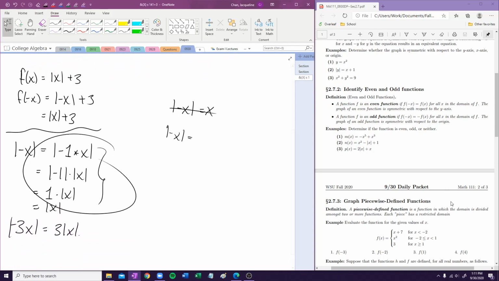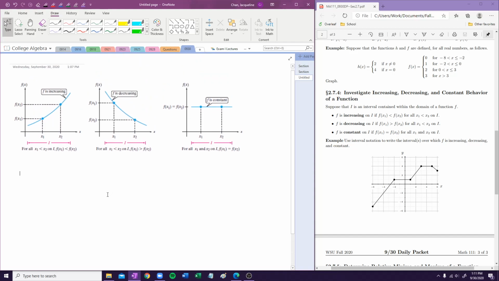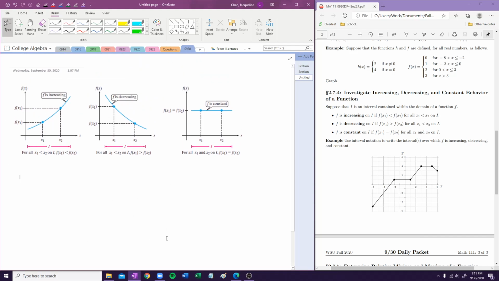All right. So now let's continue on with investigating increasing, decreasing, and constant behavior of a function. I also have these graphs. Maybe it'll help.